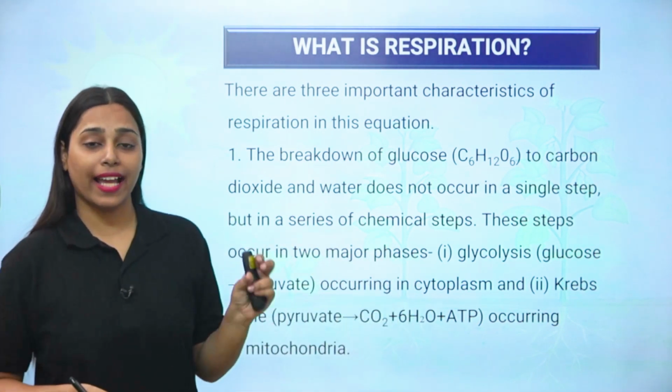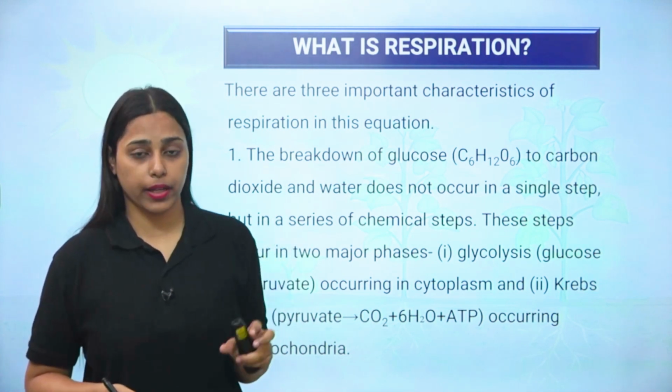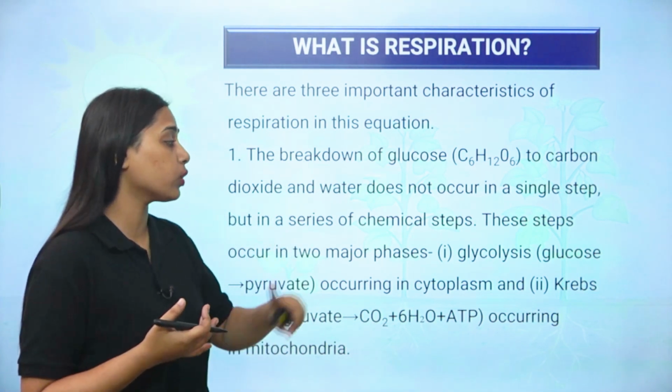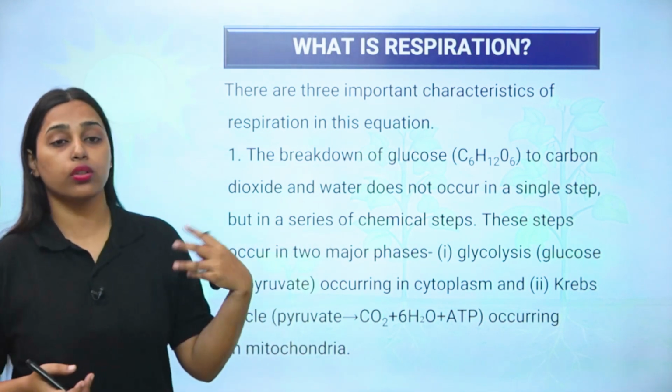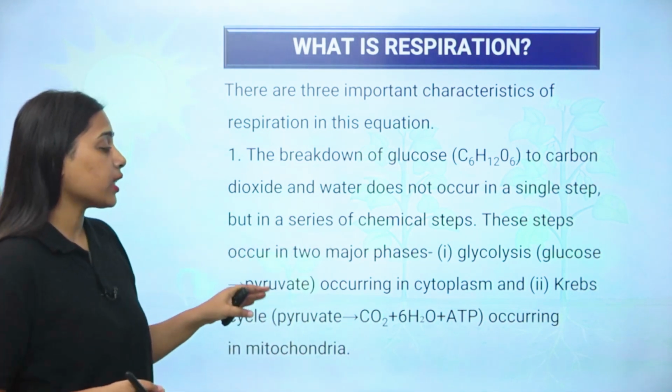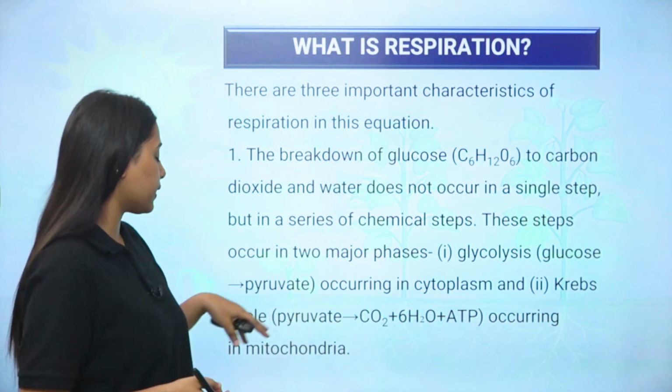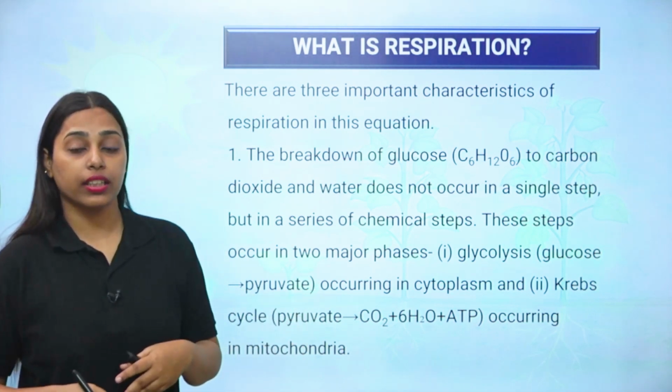So glycolysis: glyco means glycogen only, lysis means breakdown. So there is a breakdown of glucose here into pyruvate, that is an acid, also known as pyruvic acid, which occurs in the cytoplasm of the cell, and then it is the Krebs cycle that happens after glycolysis.